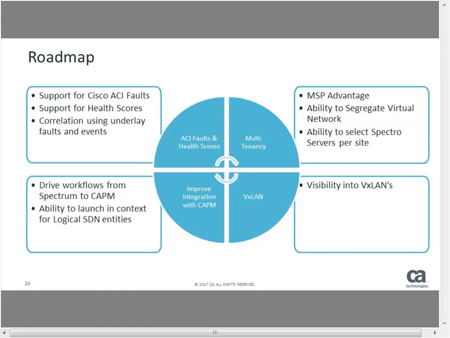So we wanted to give more and more visibility into your underlying structure, your virtual overlays, your faults and events over there. Second thing, I talked about a customer example, and we wanted to enable a customer like that and other customers who are serving their customers on your behalf. So we want to give that MSP advantage where you will be able to segregate your virtual inventory.